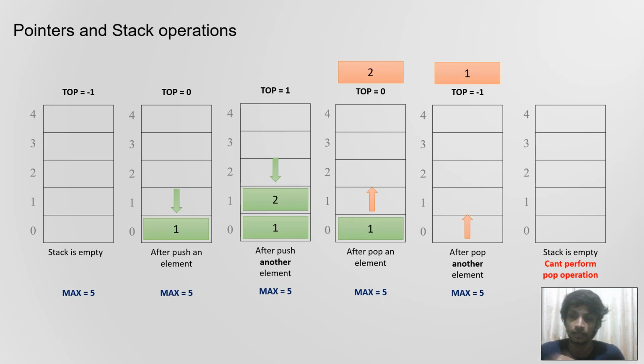For now, just remember, you can't perform the pop operation when it reaches the empty state. If our top is -1, then it clearly says you can't perform the pop operation again. So that is how stack operations work. I think you are clear on what I'm saying. So the top will remain as -1.